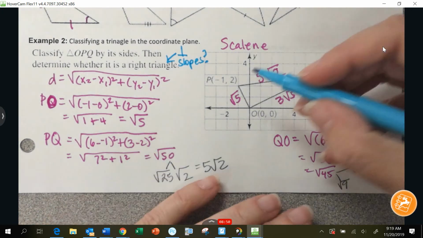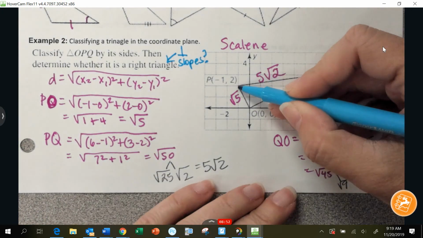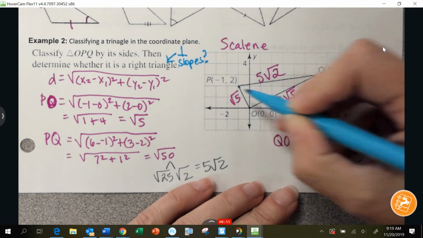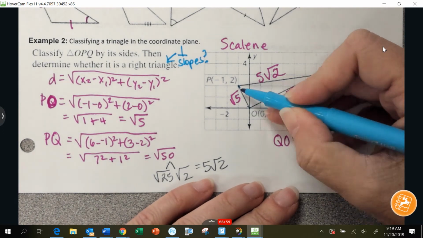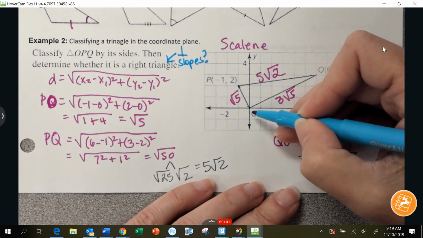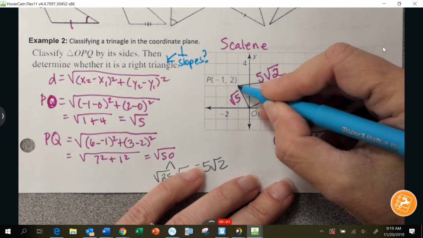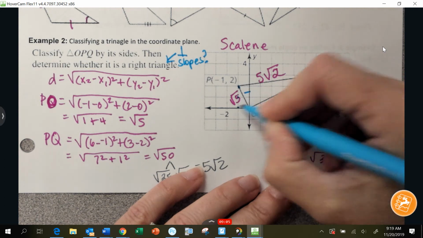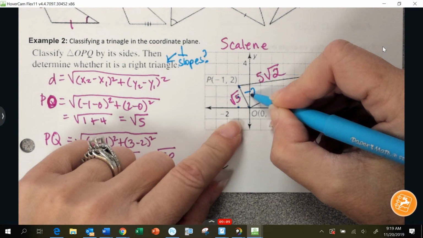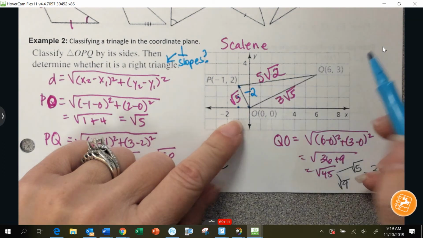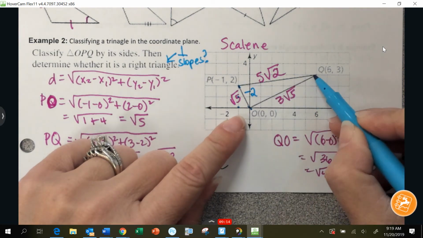I'm just going to use the picture. Can we find the slope from P to O? Is it negative or positive? It's negative. And then if we go down 2, right 1, what is my slope? It's negative 2.